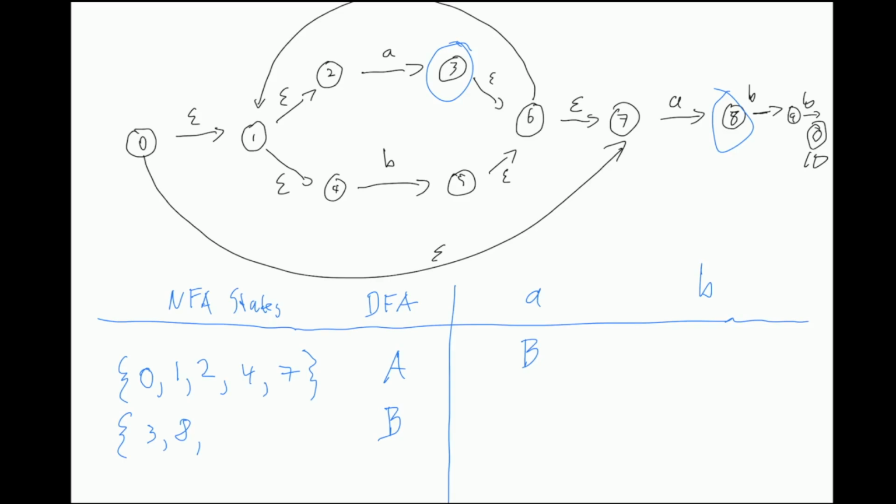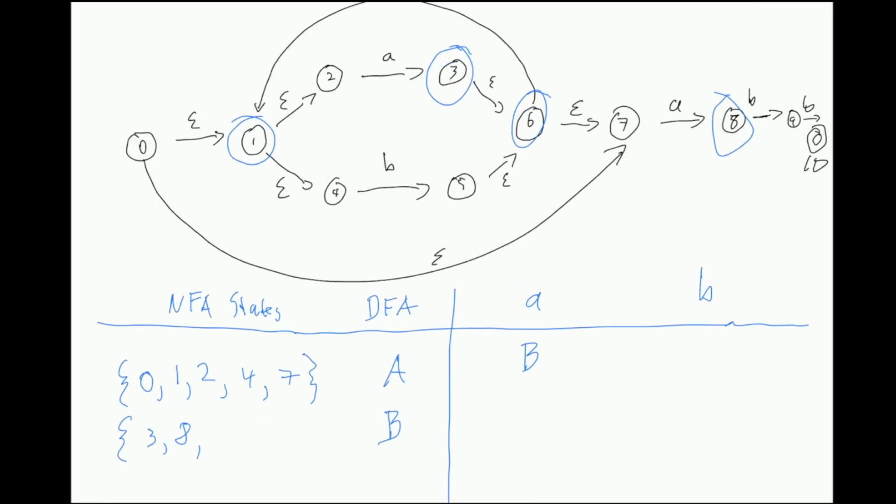There are no epsilon transitions from 8, but there are from 3. So what are they? What is the epsilon closure? 6. Also 1, good. So we have this epsilon back edge. And because we're in 1, we also have 2 and 4 and 7, because we have 6 to 7.